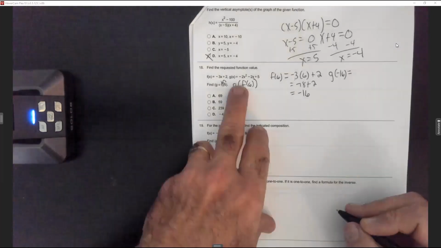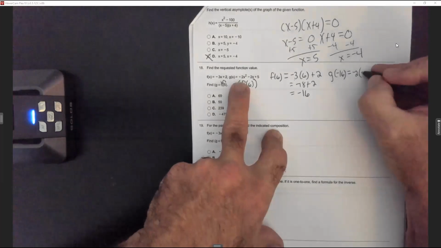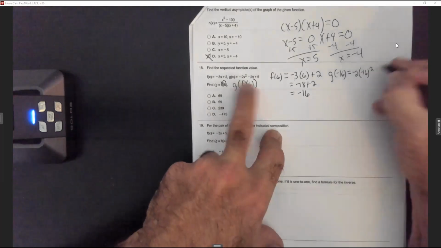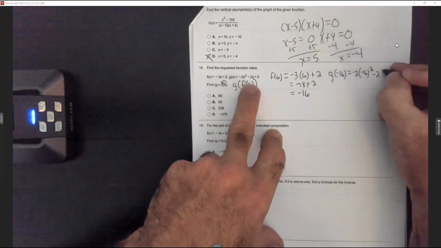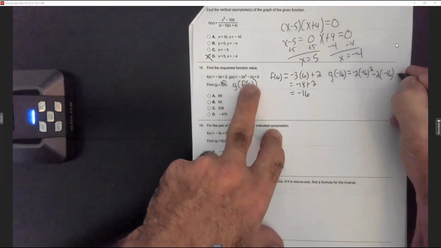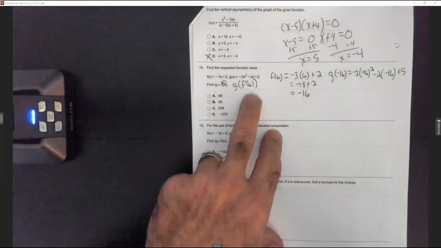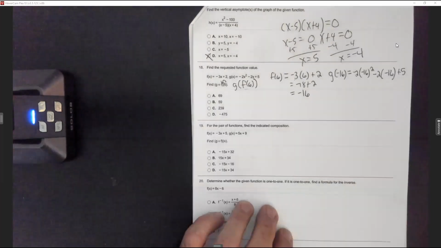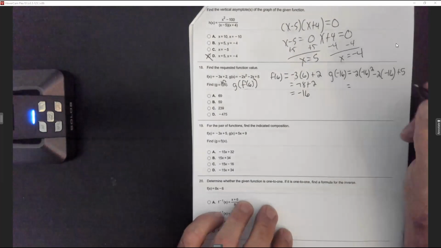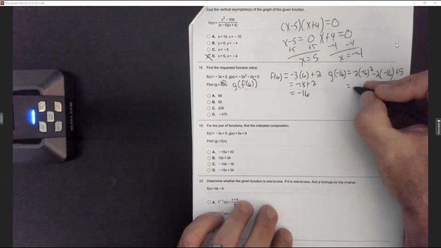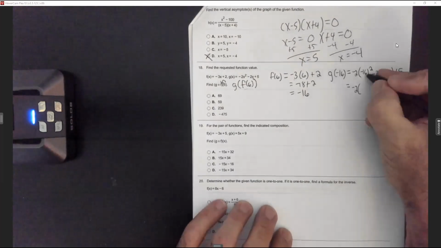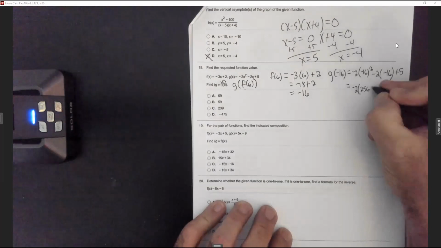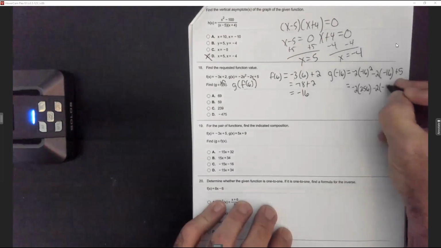So G was -2 times -16 squared minus 2 times -16 plus 5. All right, so I'll do this by hand. -2, 16 times 16 is 256. And I'm just going to bring everything else down.